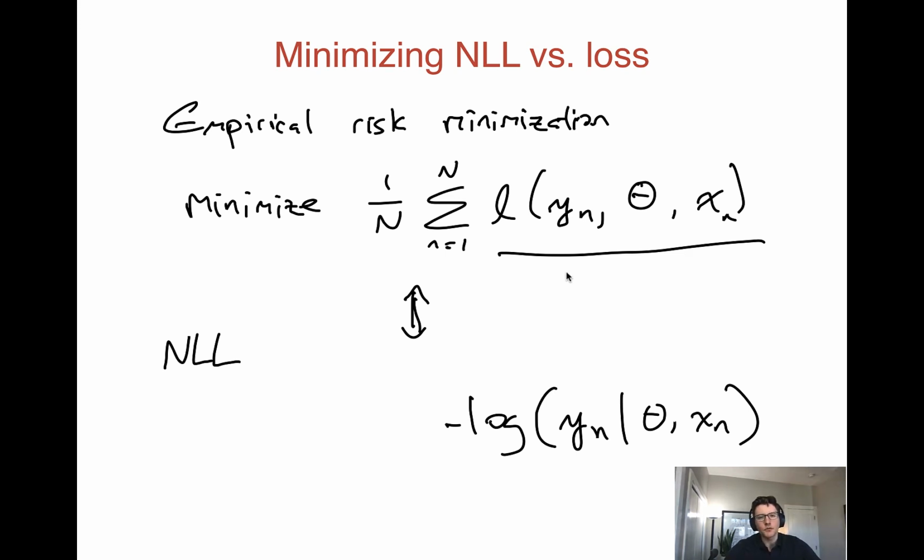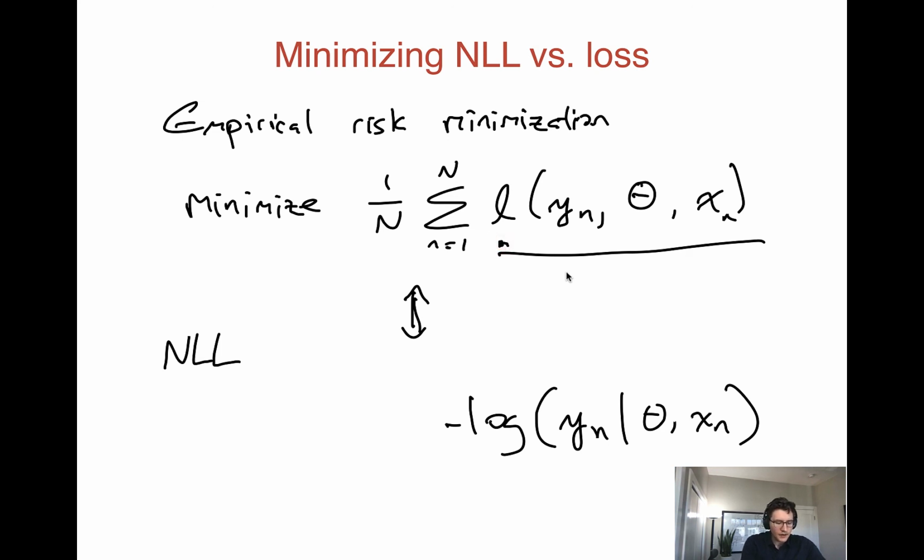I think this can be a really useful thing to realize in a couple of ways. One is that if someone brings a loss function to you and says, I think this is a good loss function, one way to get some intuition about what loss functions are good or better is to take the exp of the negative of that loss.